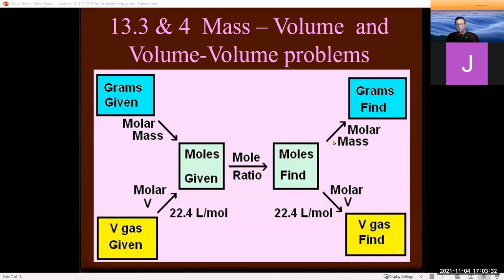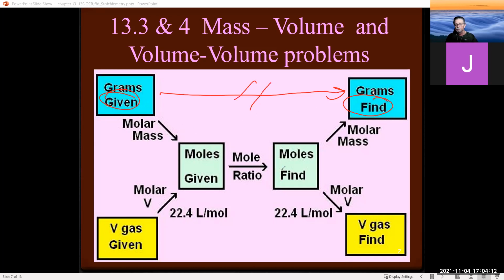Okay. This flow chart puts it all together for you. Now recall the bottom flow chart when we were dealing with STP, standard temperature and pressure. To get from point A to point B, if I want to get from grams of some compound given to grams of some other chemical, I cannot go directly from grams to grams.